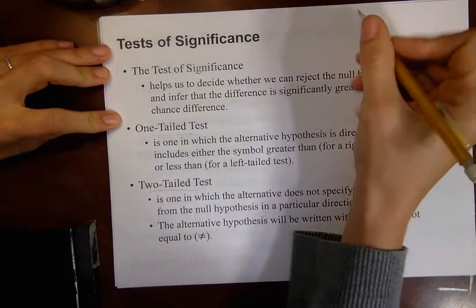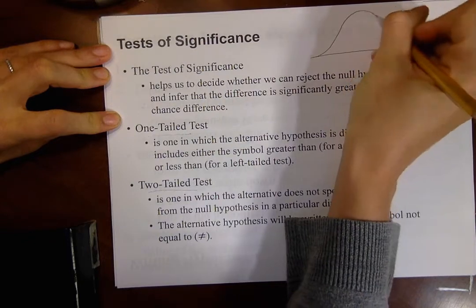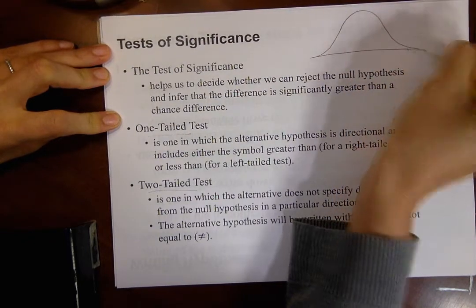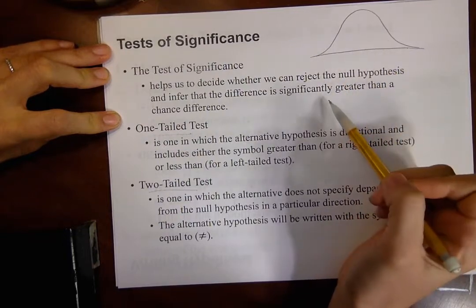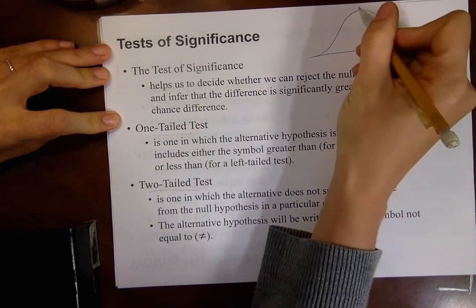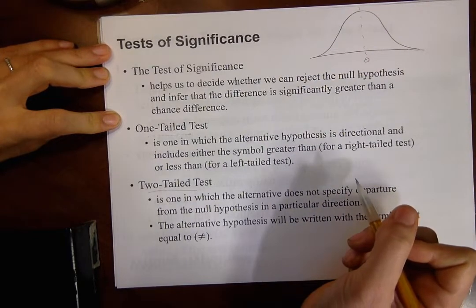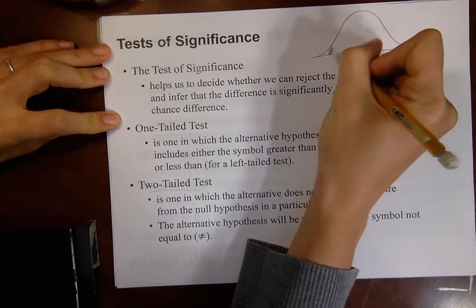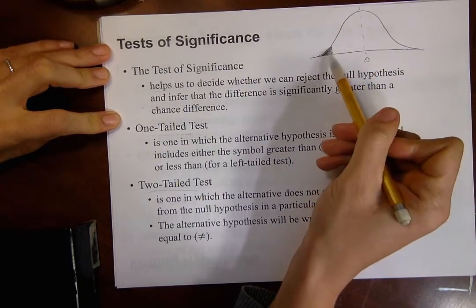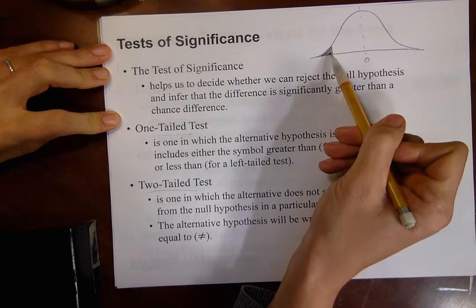One-tailed and two-tailed tests all come down to what part of the curve you are looking for. Our either Z distribution or T distribution is a symmetric distribution with a mean right here in the middle of 0. A one-tailed test means that we are looking to disprove a null hypothesis and say that our data is actually in this region of the curve.